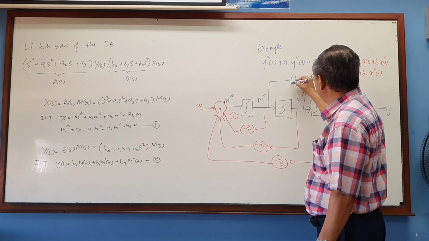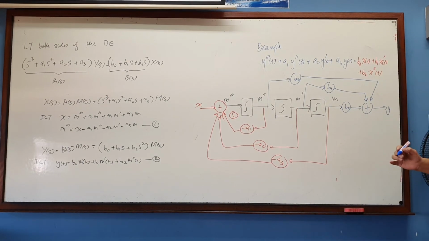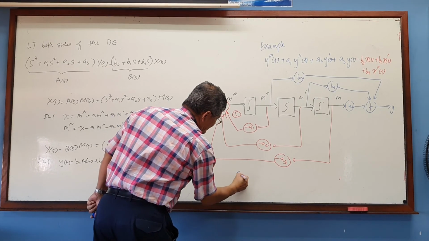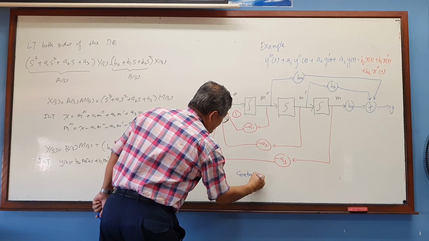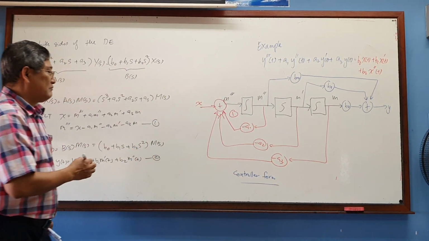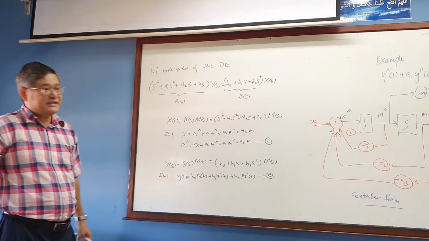Okay, so this is the controller form that we obtain. So that concludes the controller form simulation diagram.